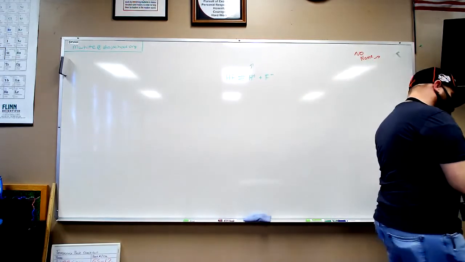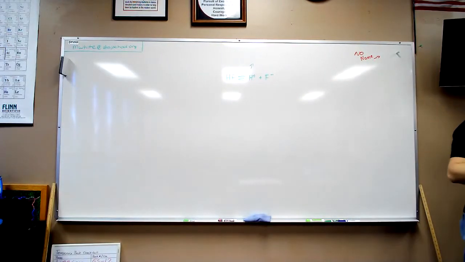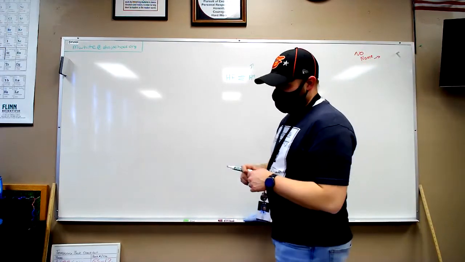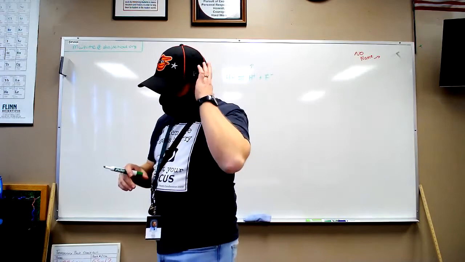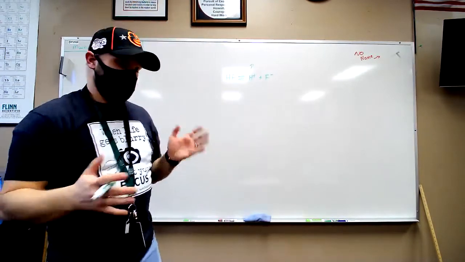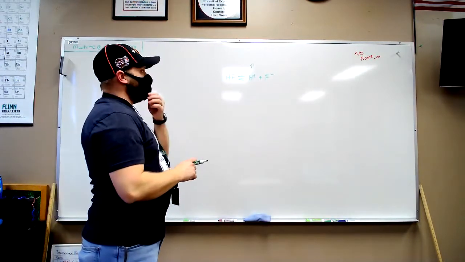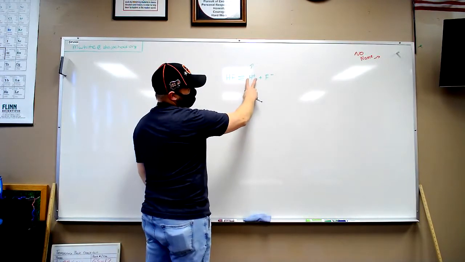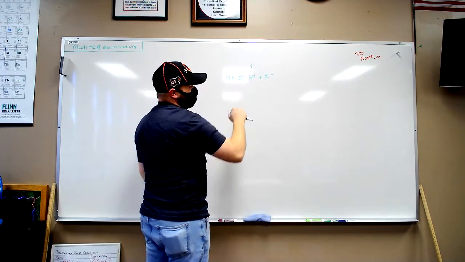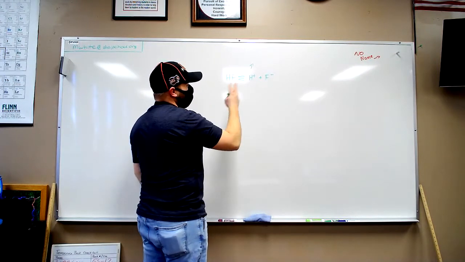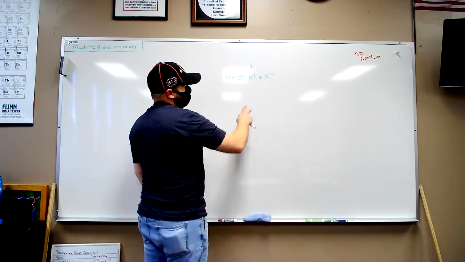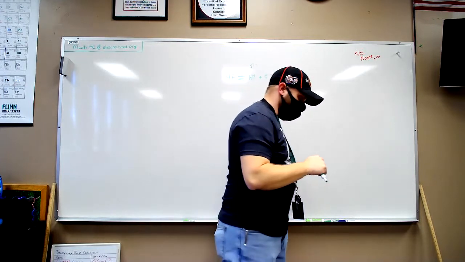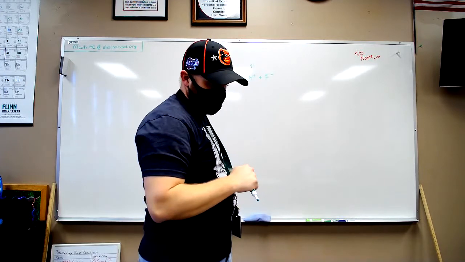Different buffers will be at different pHs depending on what they are made out of, depending on the strength of the acid. I mean, they're all weak acids, but the Ka value matters. If you have a higher Ka, you're going to have more H+, which is going to be more acidic naturally. If you have a lower Ka, you're going to have less here, so the pH is going to be a little bit higher, less acidic.